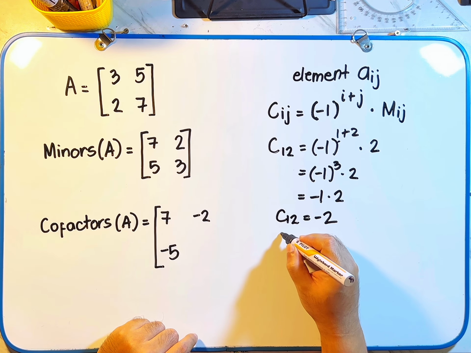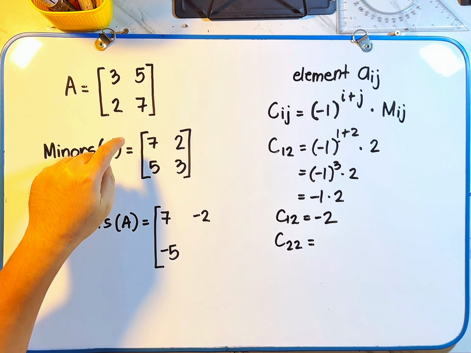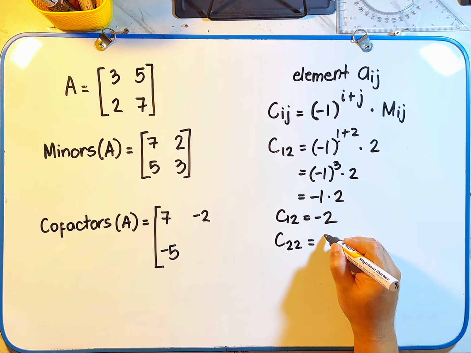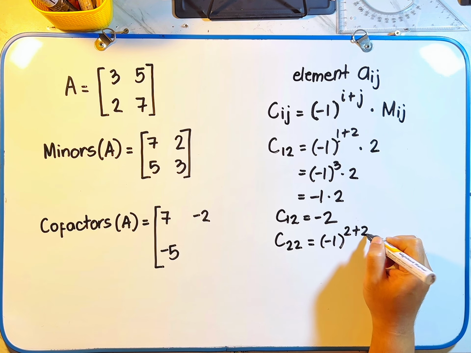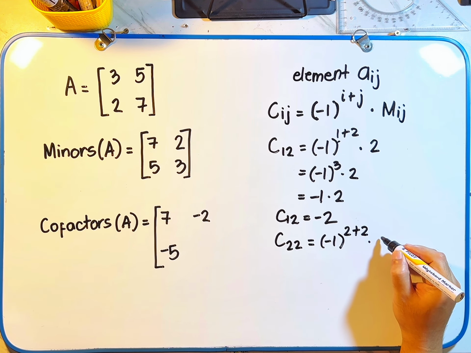And finally, let's solve for C22. So let's find the cofactor in the second row, second column. Following the formula, negative 1 raised to i plus j, so 2 plus 2, times the corresponding minor, which is 3.